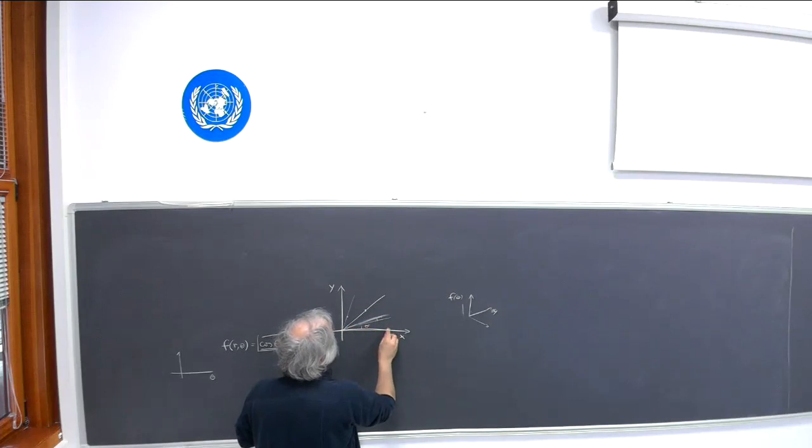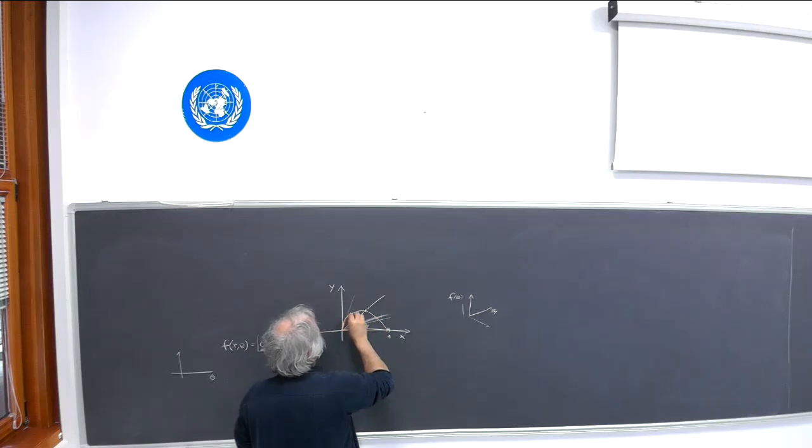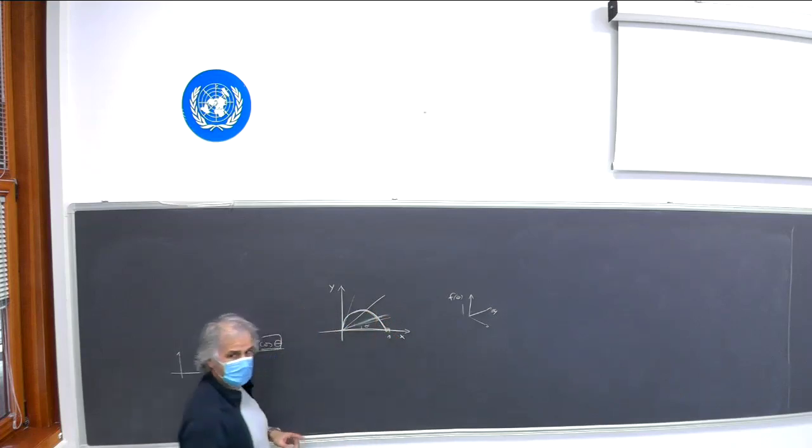Sorry, perhaps it's not particularly faithful. For theta equal to pi over 2 it is 0, so I'll draw it here. Now, it's not beautiful because first of all, I didn't plot on scale.